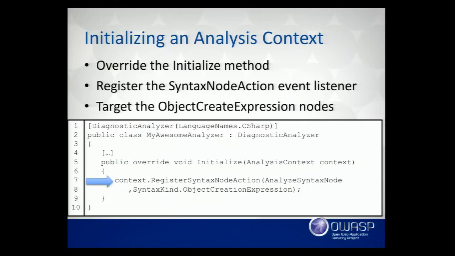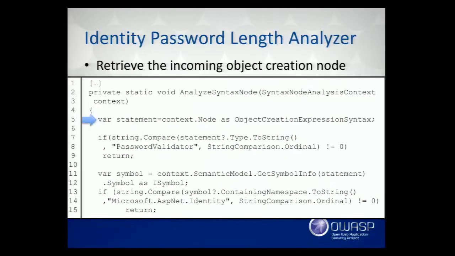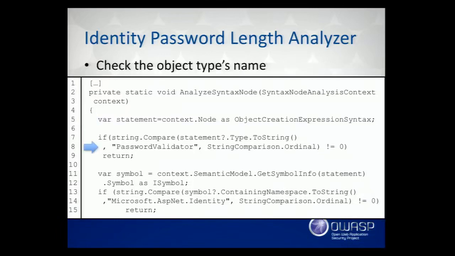So this will fire every time it encounters an object creation expression. And it is up to us to actually filter them down to the one, as on line 5, we grab our object creation expression. And then on line 7, we're going to say, if the type is a password validator type, we'll keep going. Otherwise, we bail out.